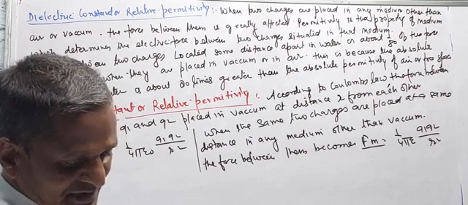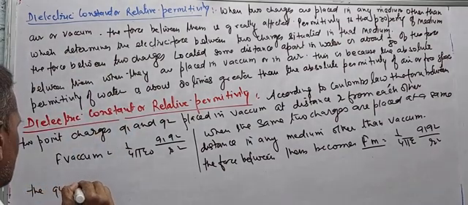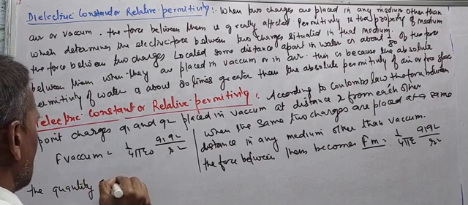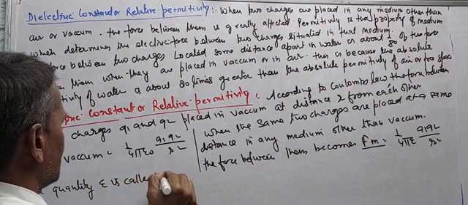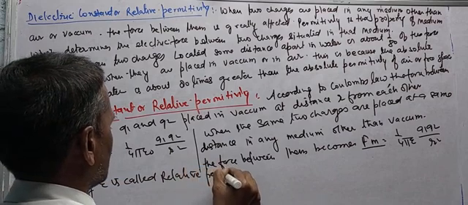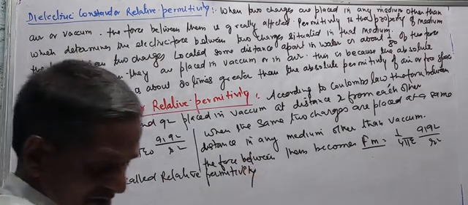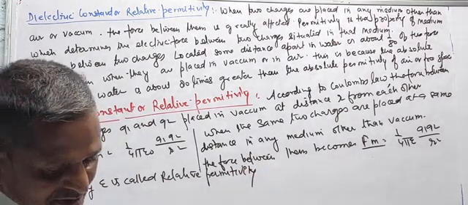The quantity epsilon is called the permittivity of the medium.